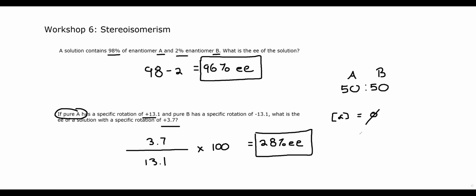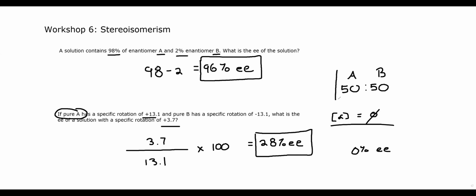Remember, this is called a racemic mixture when you have equal parts A and B. When you have equal parts of both enantiomers, that's called a racemic mixture. We have 0% EE, and there's no optical rotation, right?